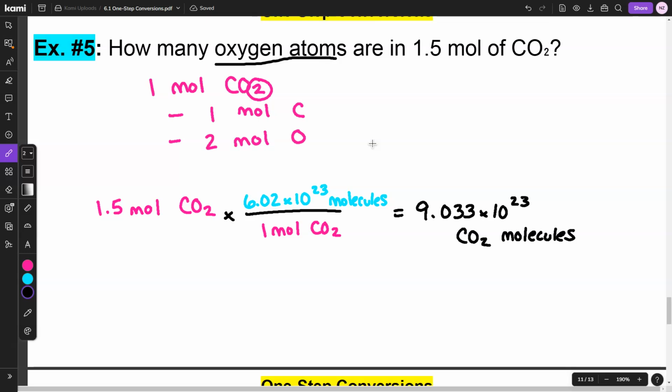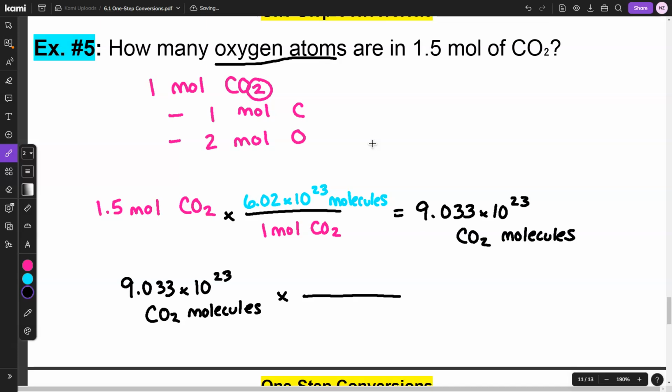Okay, so let's do this. 9.033 times 10 to the 23 CO2 molecules. Now, I know this seems tedious, but every single time I'm writing out what it is. It seems like overkill, but again, it's really going to help keep our units straight.